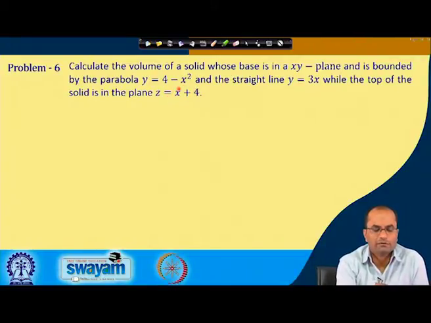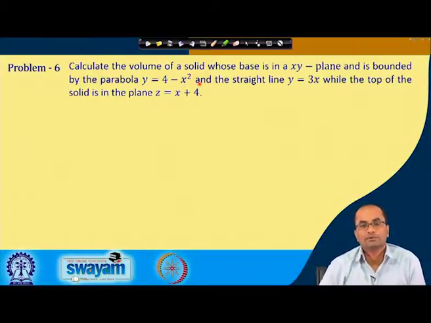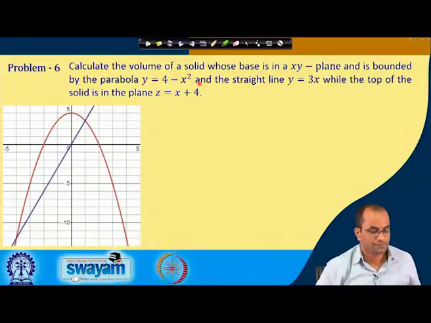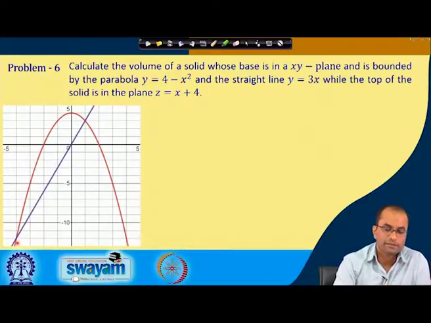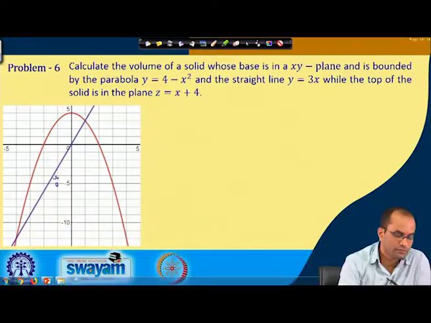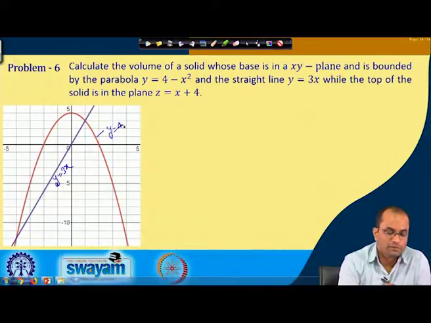So, the integrand will be x plus 4 and the region will be bounded by y is equal to 4 minus x square and y is equal to 3x. So, these are the curves here. We have y is equal to 3x and this parabola y is equal to 4 minus x square.